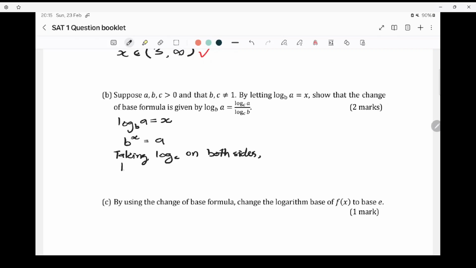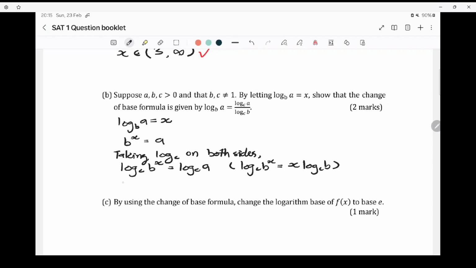So you have log base c of b^x equals log base c of a. Over here you can make use of putting down the power x.